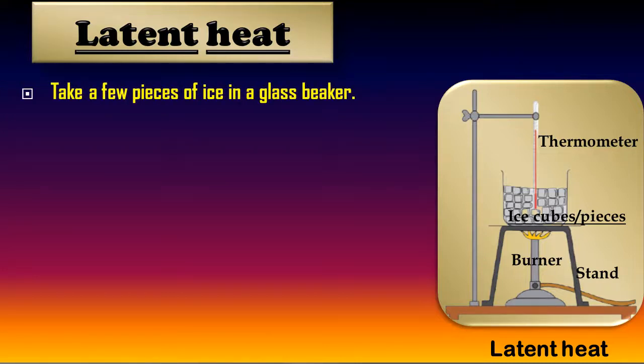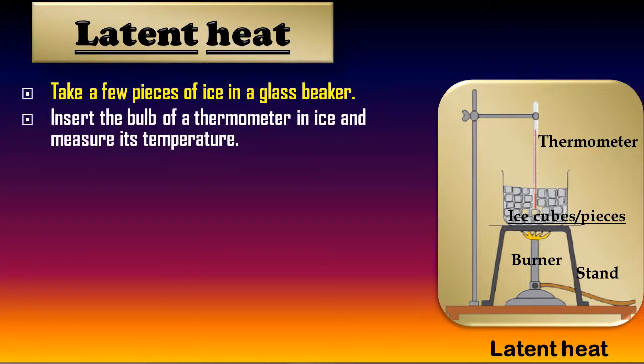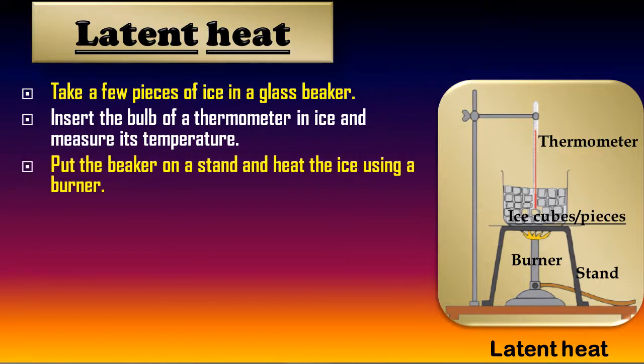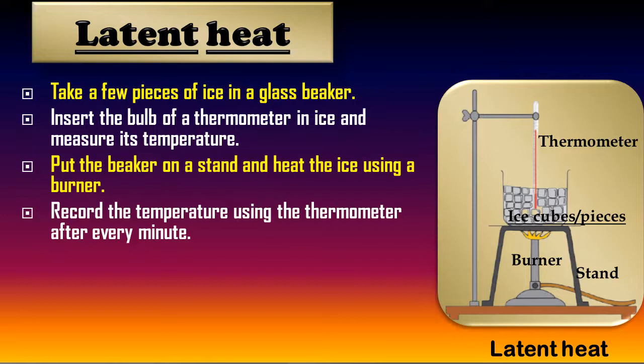Take a few pieces of ice in a glass beaker as shown in the diagram, insert the bulb of a thermometer in the ice and measure its temperature. Put the beaker on a stand and heat the ice using a burner, and record the temperature using the thermometer after every minute. It means after a particular interval of time we have to record the temperature using the thermometer.